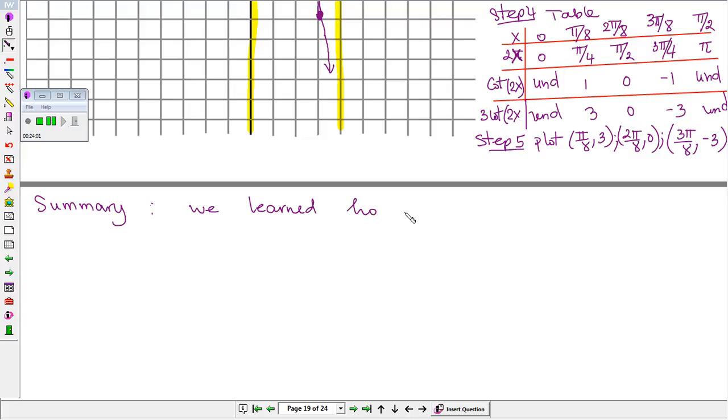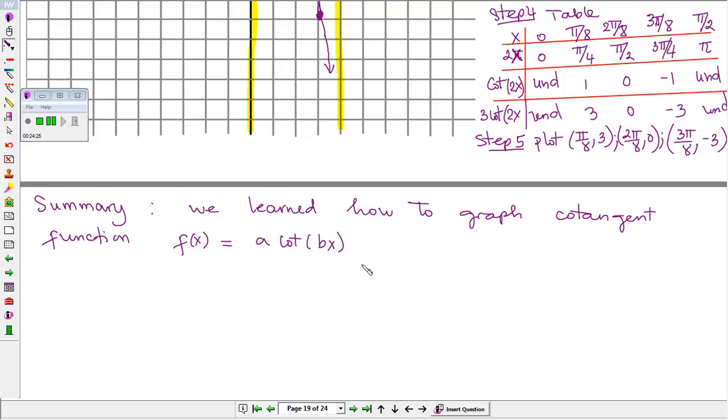In this video, we learned how to graph the cotangent function f of x equals a cotangent of bx.